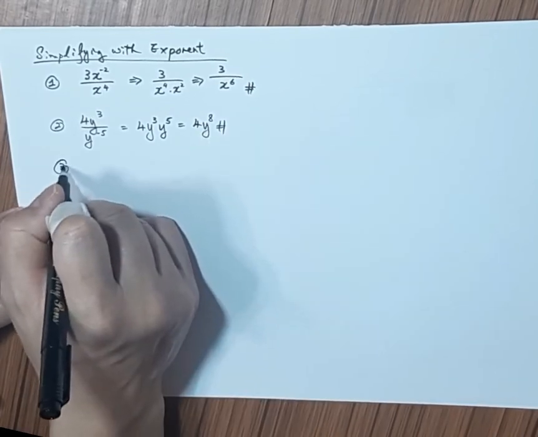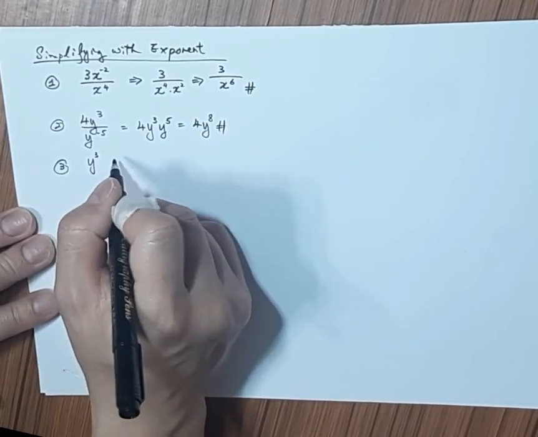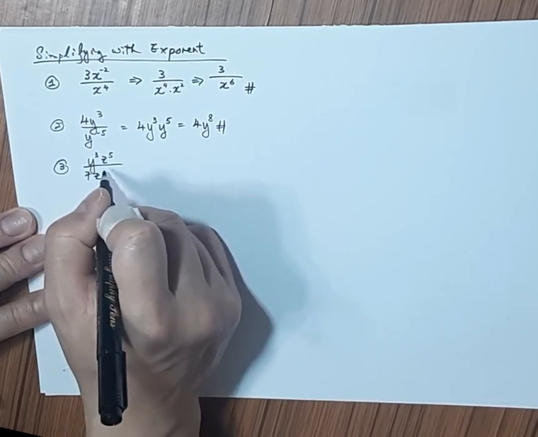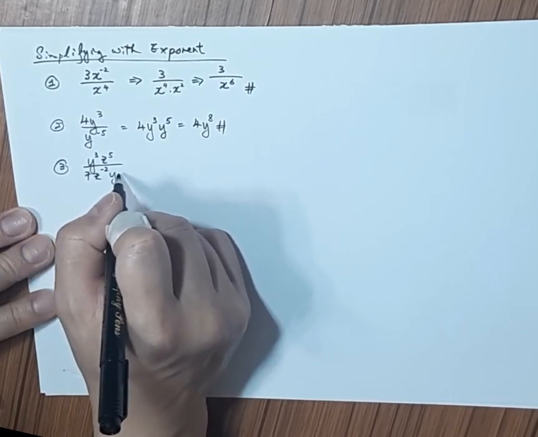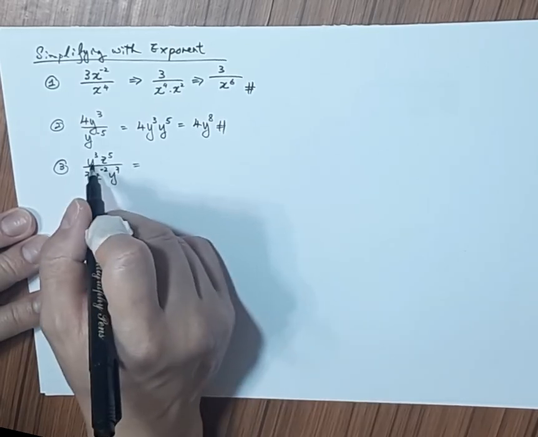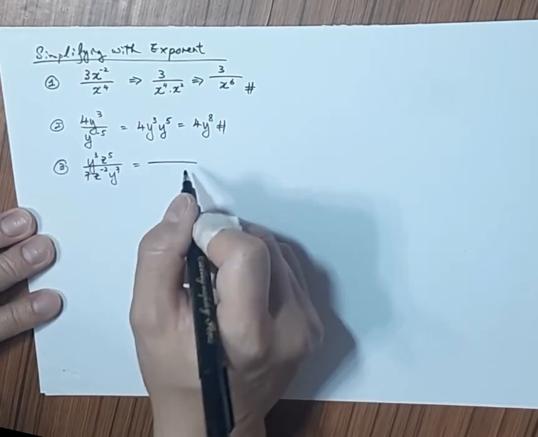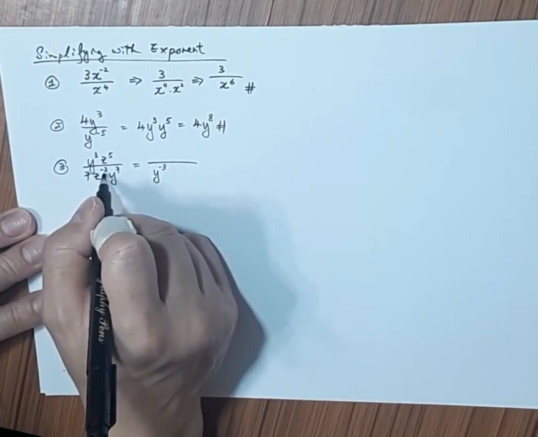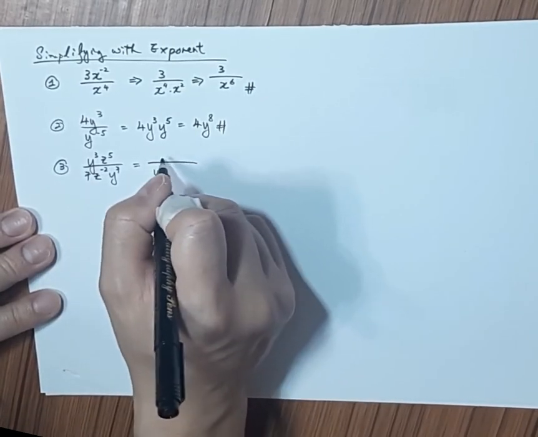The third example, y to the power of 3 z to the power of 5 over 7 z to the power of minus 2 y to the power of 7. We take the y to the power of 3 down to the bottom, we get y to the minus 3. And z to the minus 2 to the top, we get z to the power of 2.